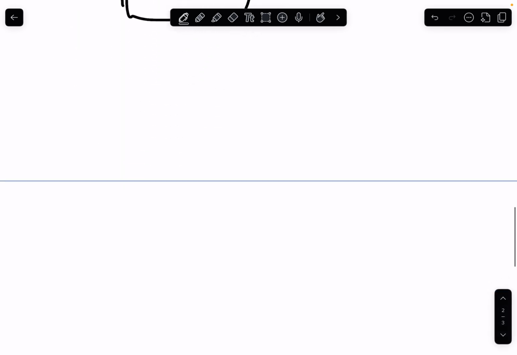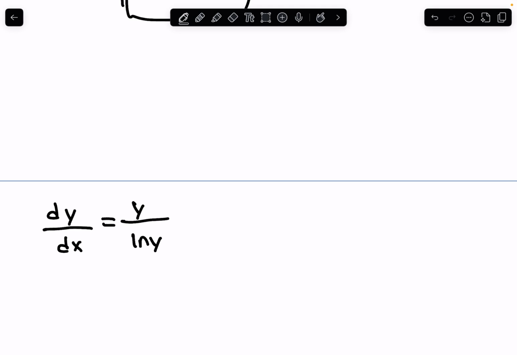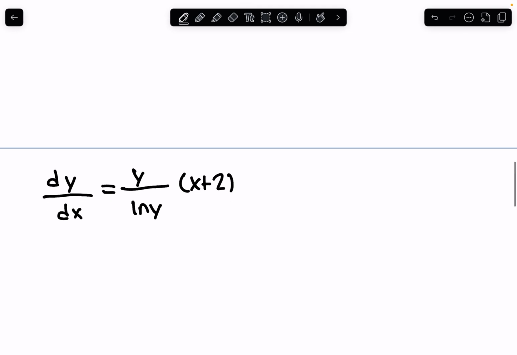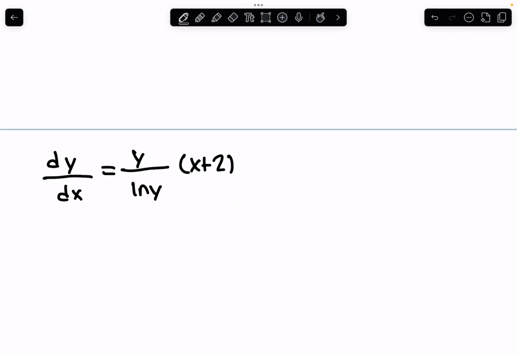So first, the differential equation is dy by dx equals y divided by ln y, multiplied by x plus 2. So if we rearrange, it will be ln y over y dy equals x plus 2, all dx.